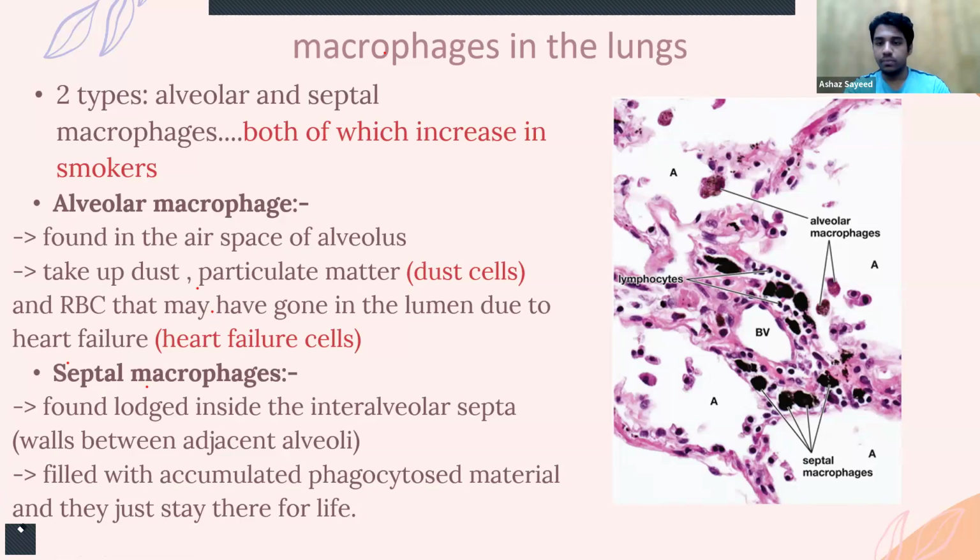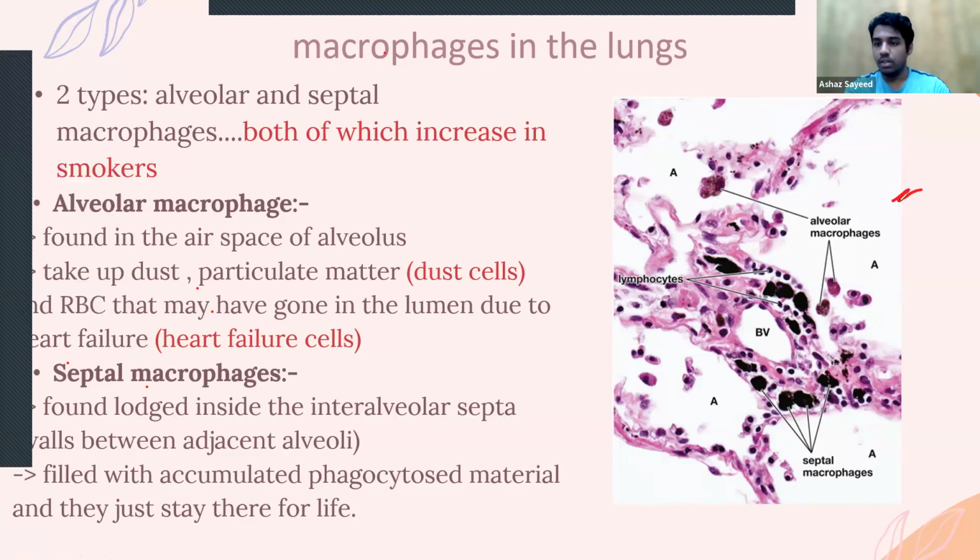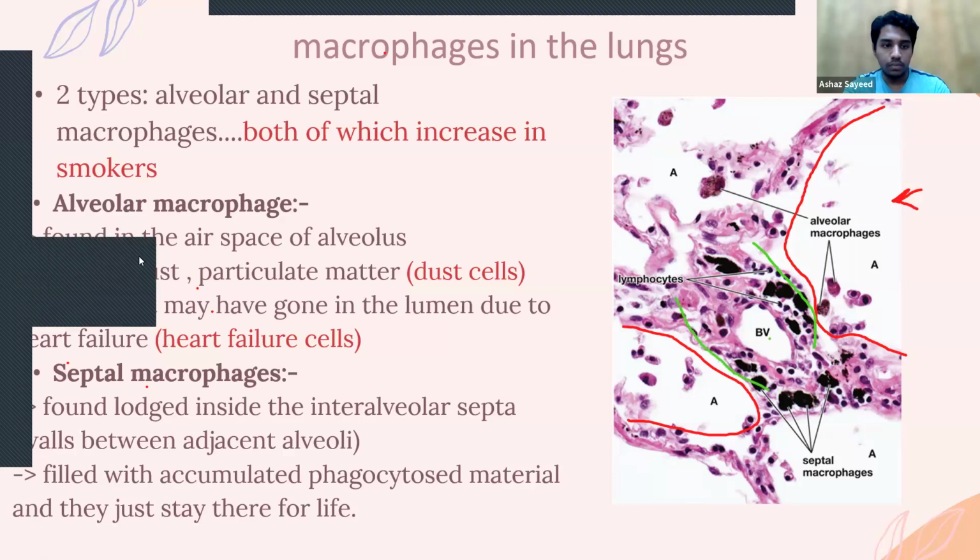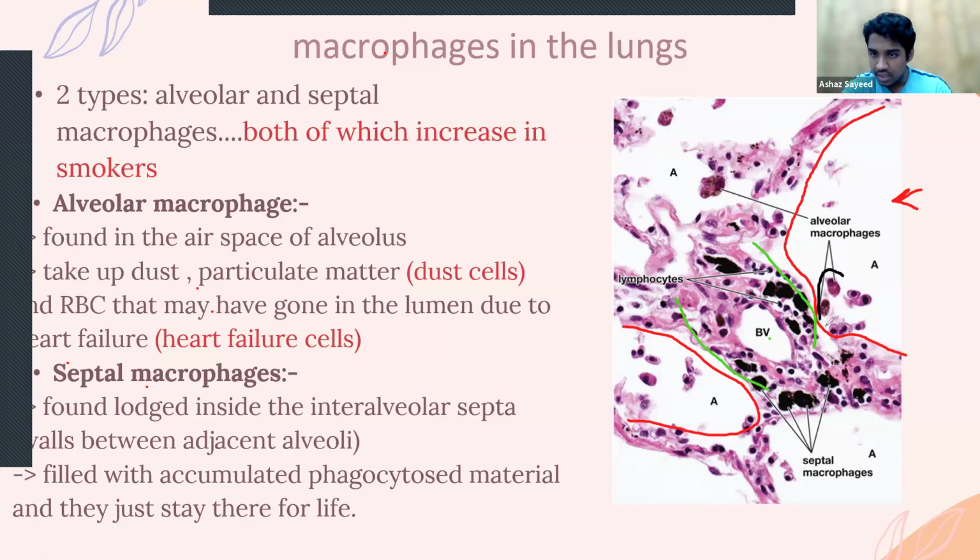So let me mark it over here. Remember this image. They might ask you something. This is the lumen right here. This is another lumen right here. And this is the septum. It has some blood vessel in it. Now, these macrophages, these free cells in the lumen, are your alveolar macrophages.